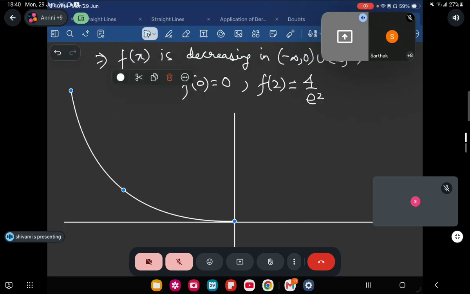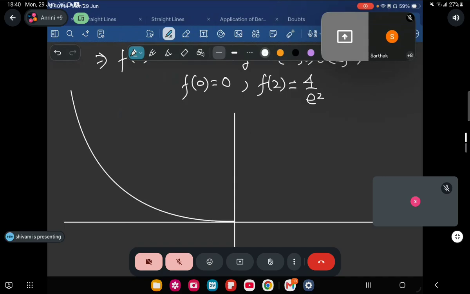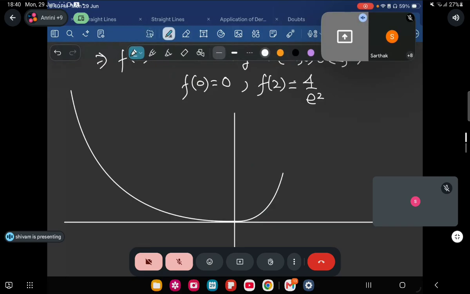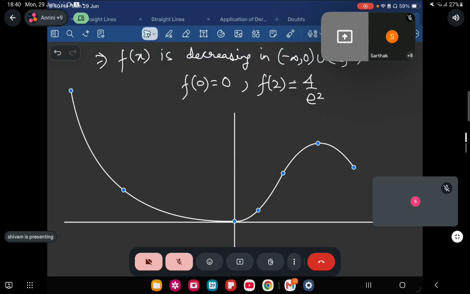Up to the origin, it is decreasing. Then it will start increasing like this. Are the people able to understand or not?